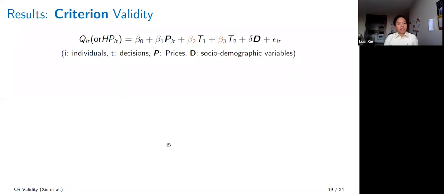And to further examine these questions, we ran two OLS regressions with the two outcome variables here, and the variables of interest are treatment dummy variables, and we control for prices and demographics.